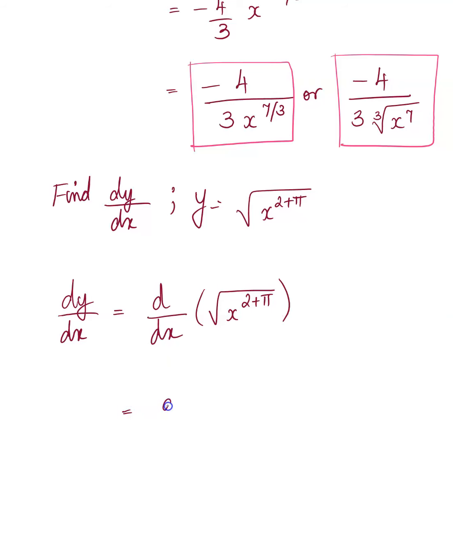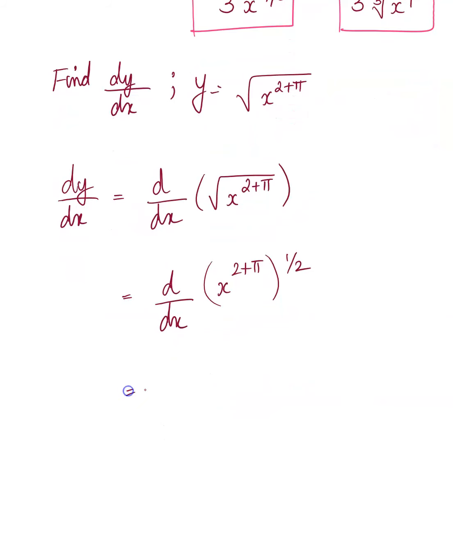So now you have here the square root for this x power 2 plus pi, but we know that square root is written as power half when you write it in the rational notation as a ratio.